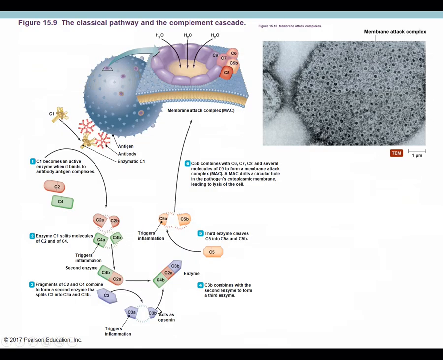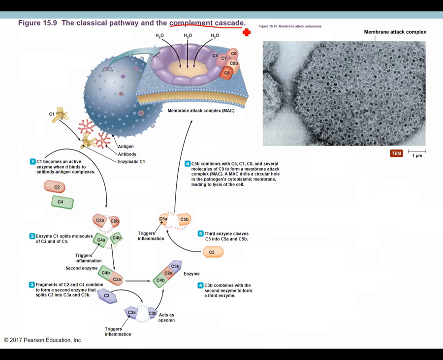And the way that complement destroys a pathogen is pretty complicated. It's a cascade of events, meaning the first complement protein activates another protein, which activates another protein, and so on and so forth, like dominoes falling.